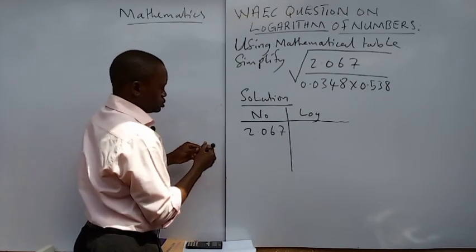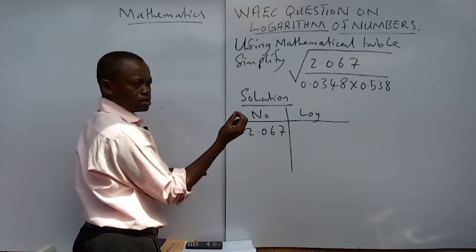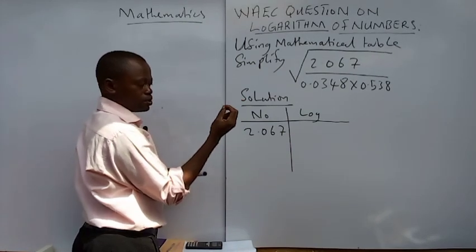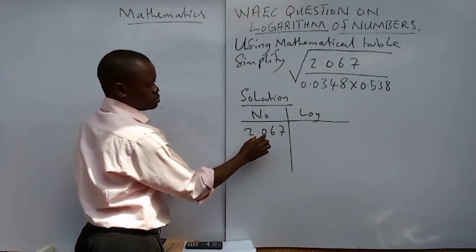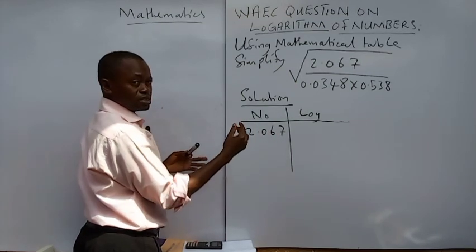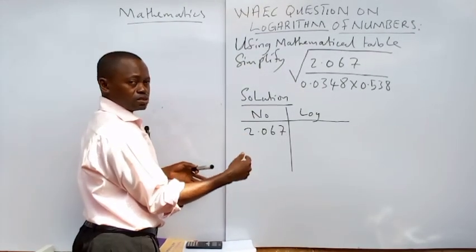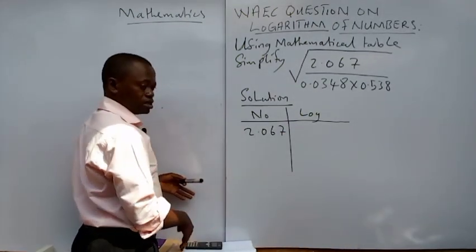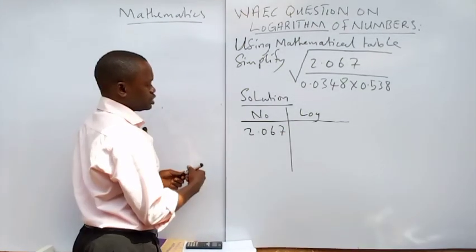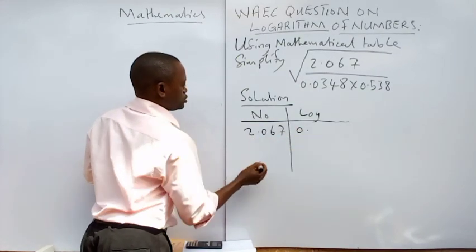I told us that logarithm of numbers has two component parts, the characteristics part and the mantissa part. The characteristics part is already explained in the previous classes. Please, you can understand that the mantissa part, we find it in the table. I'm going to show you that now. So the characteristics of this is 0 point.